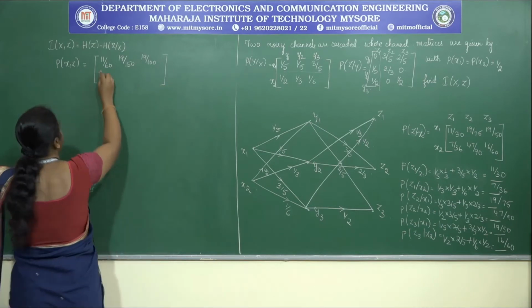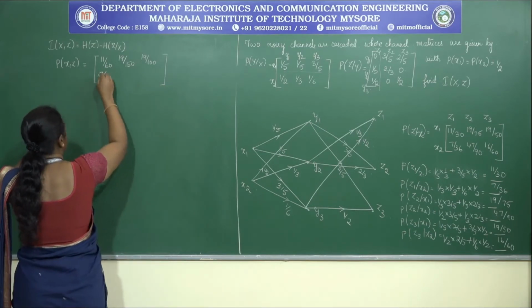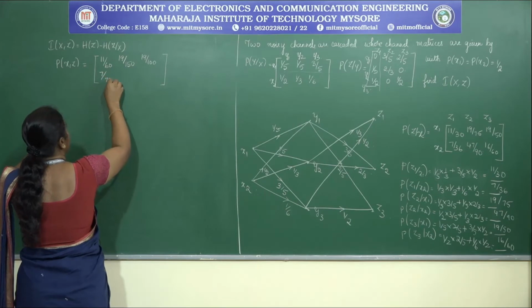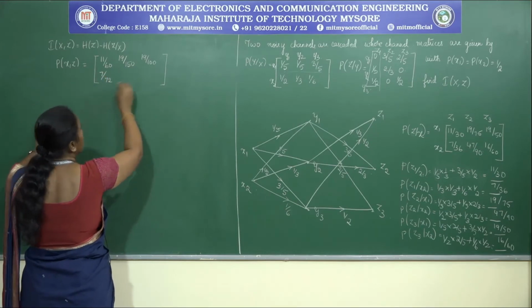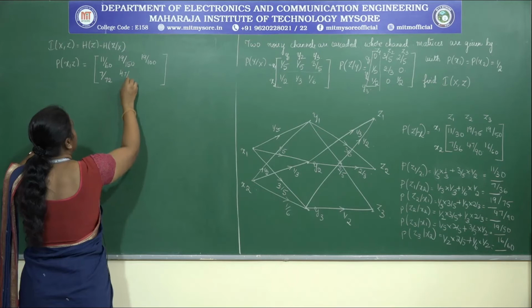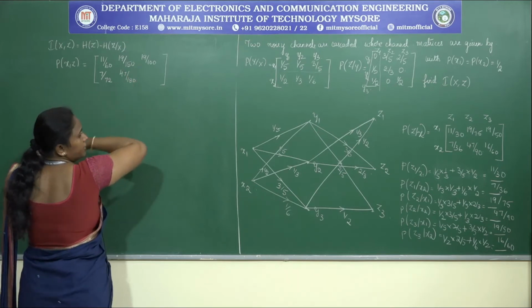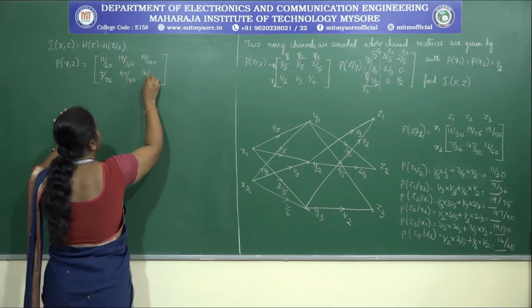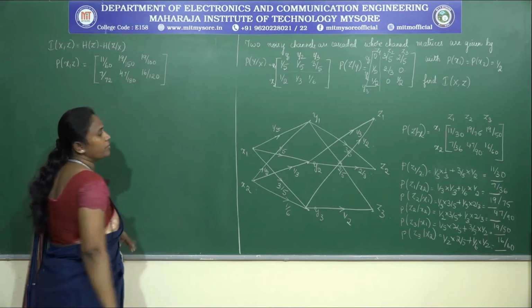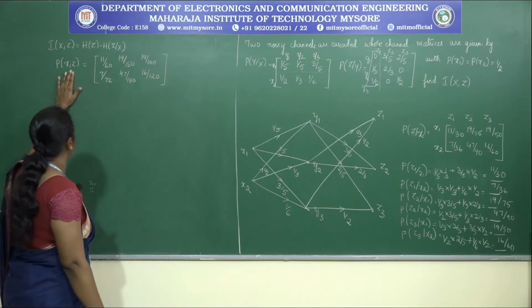Then 7 by 36 means it is 7 by 72. Then we have 47 divided by 180. Then we have 16 divided by 120. Okay, so now we have got P of x comma z.